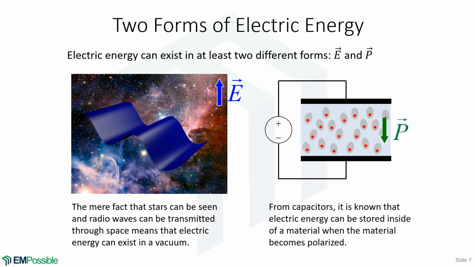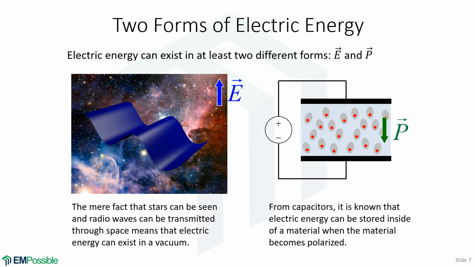We can also have electric energy stored in matter, and this is in the form of displaced charge. And the picture I'm showing here, we have atoms. The little red dots are the nucleuses, and the gray region around that is the electron orbital. And if we could stretch those electron orbitals, that's very much like a mass on a spring.